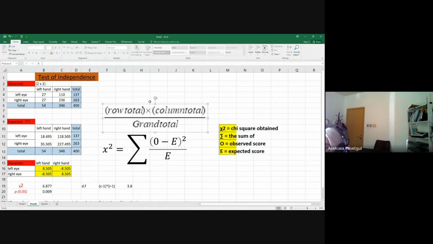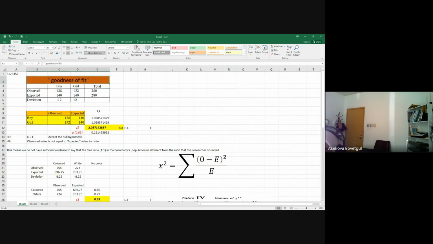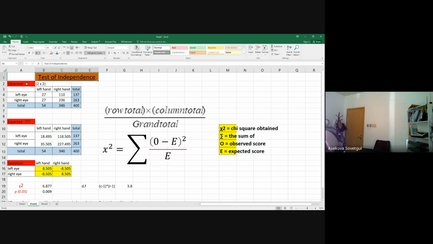We have two types of testing. It can be used as goodness of fit, where we have both the observed values and the expected values. In contrast, for the test of independence we only have observed values. How can we calculate the expected value from the observed values? As I taught you, we remember this formula: row total multiplied by column total, divided by the grand total.